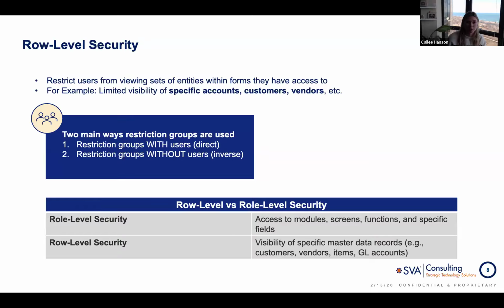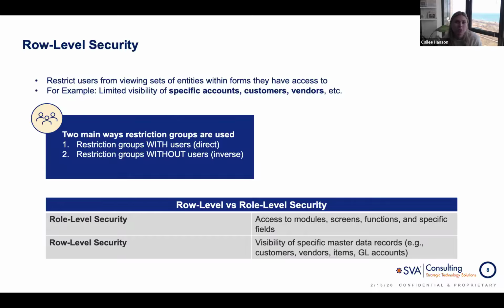So if I'm restricting 5 versus allowing access to 5, that's where we would differentiate: do we want to use a direct type of associating these customers with access to this user, or vice versa, restricting them from being able to see these particular customers in that customer example.